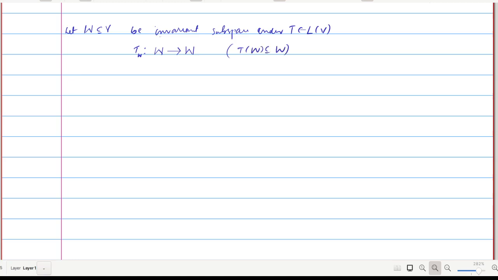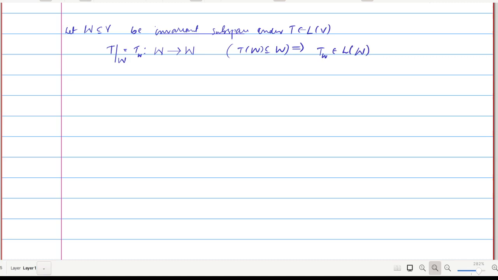TW denotes the restriction of T to the subspace W. So this is always a linear operator on W itself, so TW belongs to L of W and T belongs to L of V.